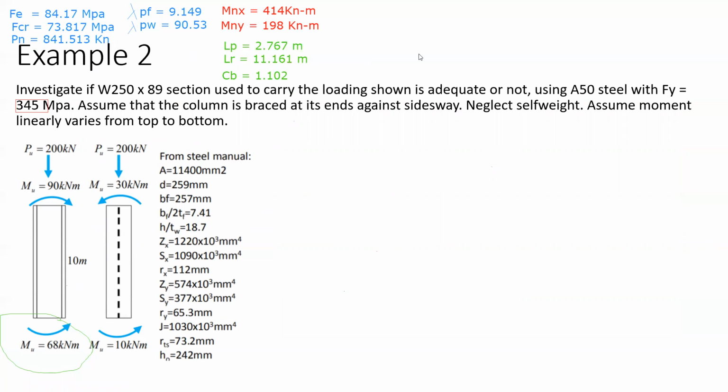Let's write down our formulas. We have MP is equal to Fy Zx. And that is Fy 345. Zx is this one. So 1220 times 10 raised to 3. And then let's convert that to kilonewton meter later.